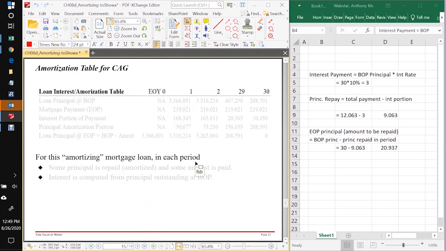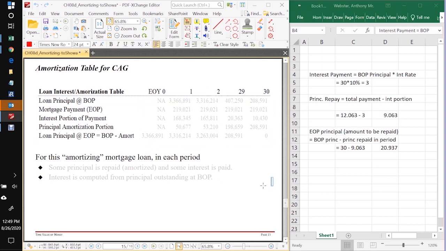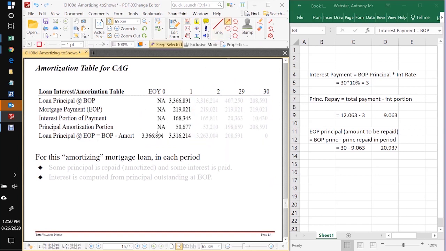All right, so now let's see what the amortization table looks like for CAG for this loan. As usual, the important things are the loan principal beginning of period, what's the payment, the uniform payment, what's the interest portion, what's the principal portion, and then what's the principal remaining after the amortization has happened. So as you can see, just as was the case with Mr. Small Net Worth, everything looks pretty much exactly like it did before, right?